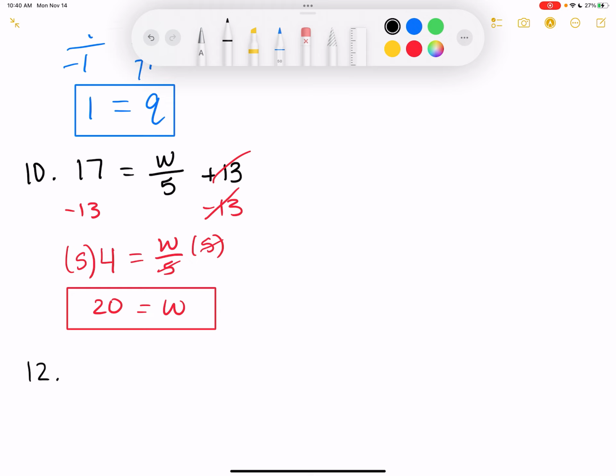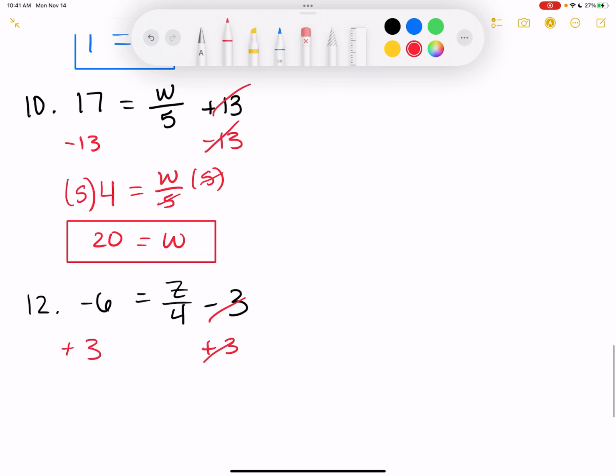All right, number 12. -6 equals Z divided by 4 minus 3. So you wanna get +3 on both sides. Yep, so -6 plus 3 is -3.